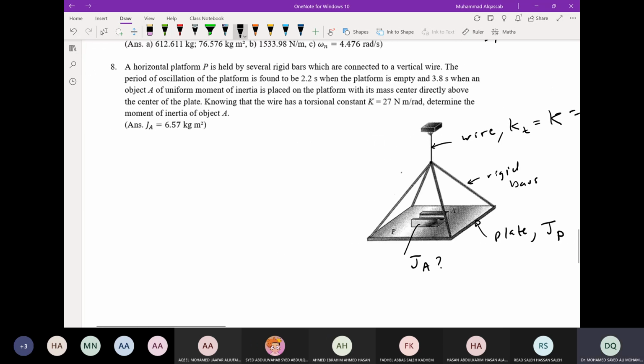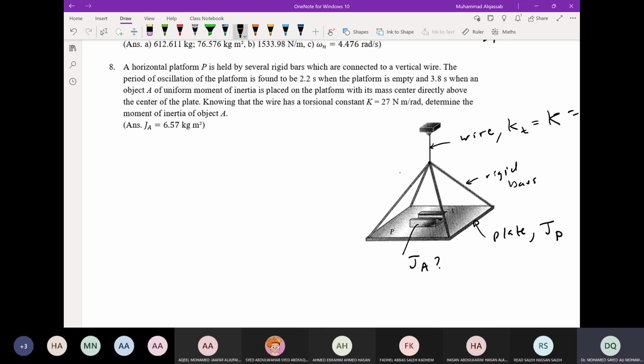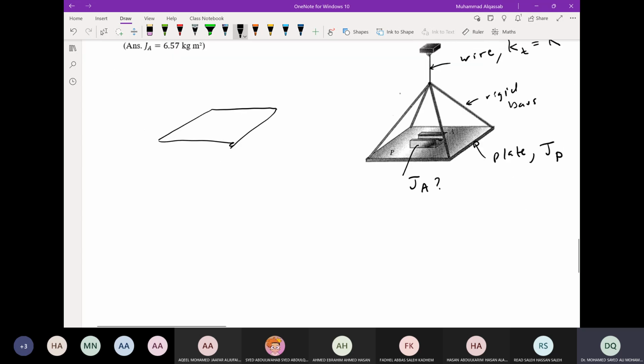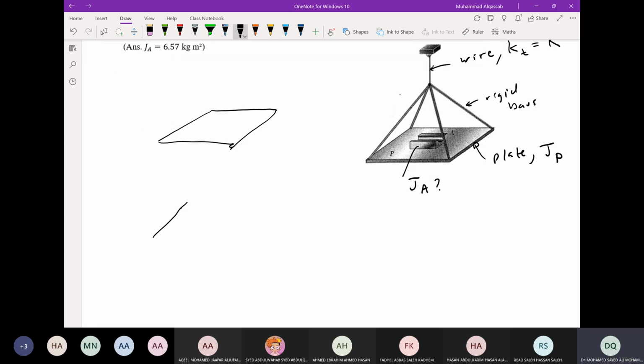And there are two systems here. The first system is the empty platform. There is only Jp here. And the other one is when we have the platform and the object.